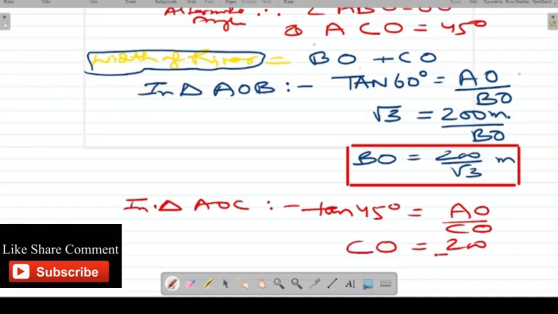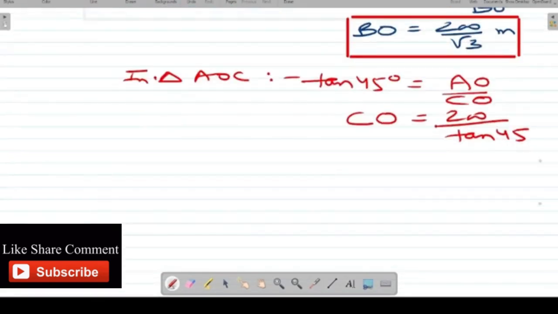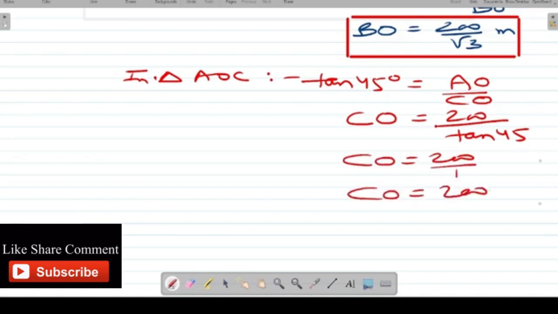The value of tan 45 is 1. So we get CO equal to 200 by 1, that is CO equal to 200 meter.